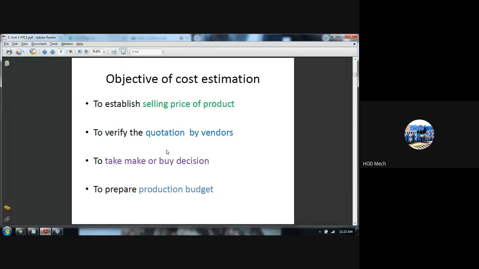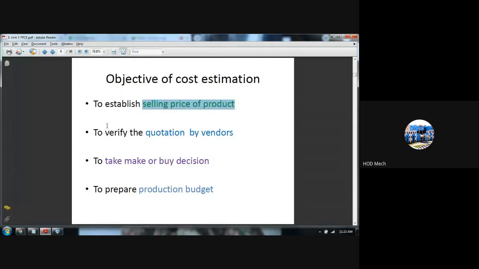Then they will add profit. Total cost involved plus profit, that will be equal to selling price. இந்த ப்ராஃபிட் இல்லாம நீங்க ப்ராடக்ட்டை வித்தீங்கன்னா உங்களுக்கு லாபம் கிடைக்காது. You cannot run the business. So cost estimation is done to fix selling price of a product. This is the first point. This is the most important point.